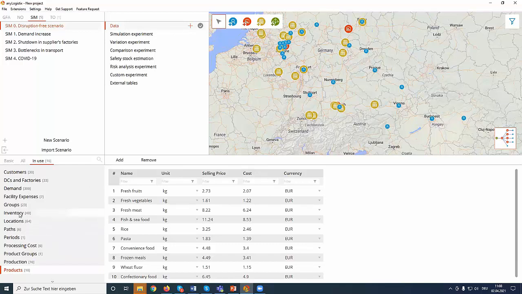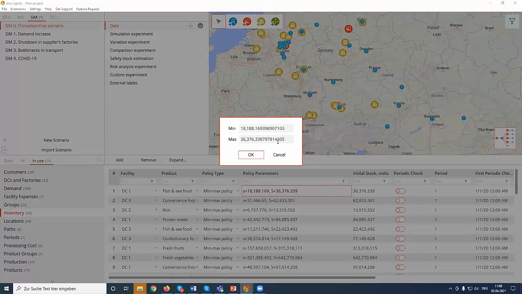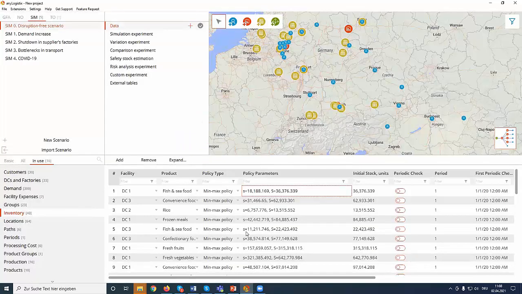Finally, we should define operational control policies, right? Inventory control policy is in our case order up to level policy, so min and max policy with reorder point and target inventory parameters, which are defined for each DC and for each product group.